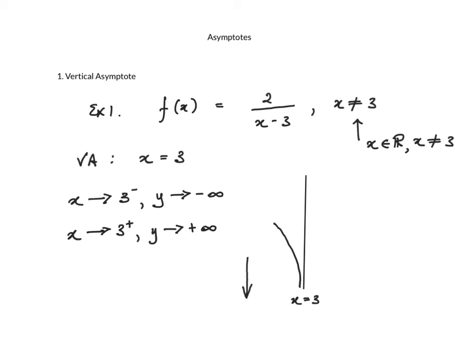So how does that transfer to our diagram? To the right of x equals 3, y tends to positive infinity. So the graph looks like this here. This being very large values of y. Now that's all we have to do.